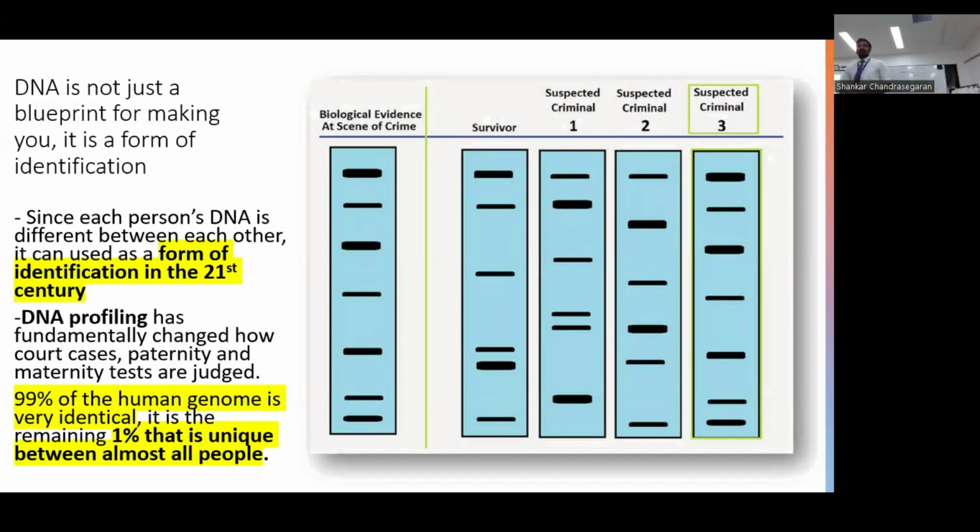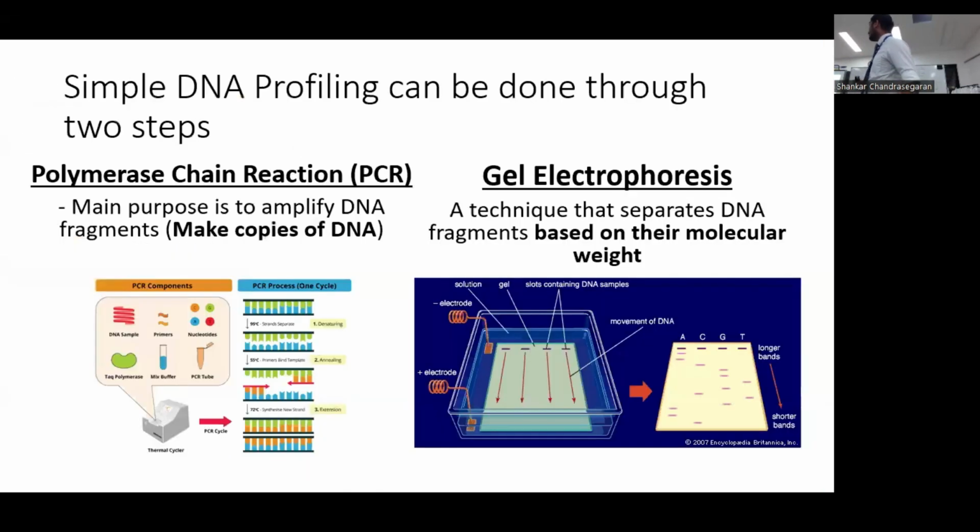That is the word we use, right? A lot of differences, and we can use those differences to identify the unique tags that each person has. So the two steps to a simple DNA profiling are the polymerase chain reaction and the gel electrophoresis.